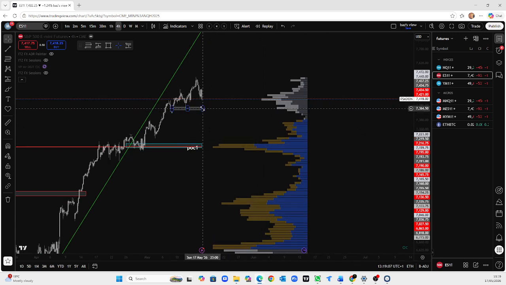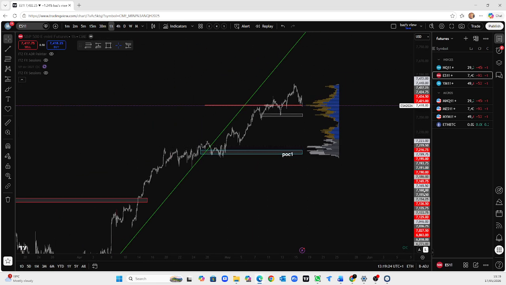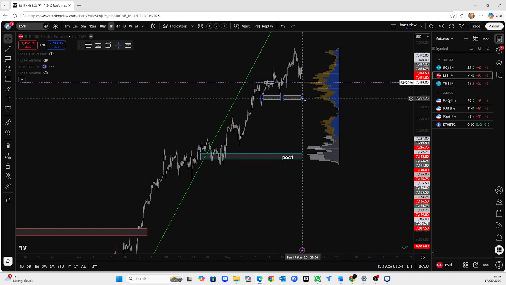If I would want to see a fall, I would want to see it close below this level that I marked out last week. My current anticipation is it will break through this and fall down to here.